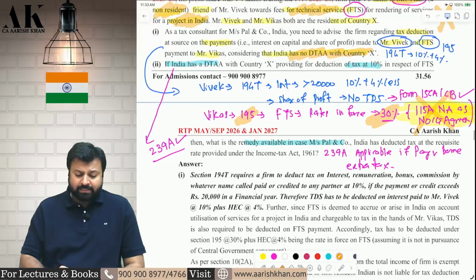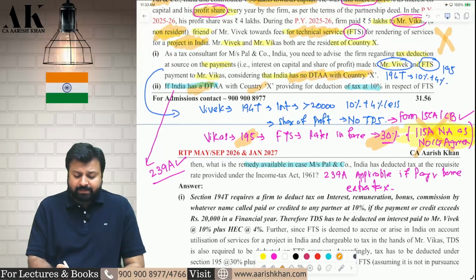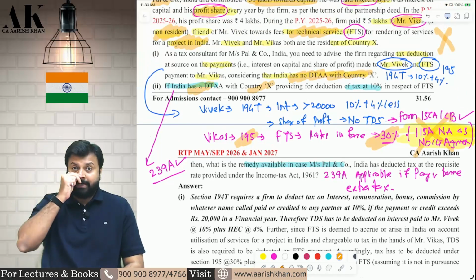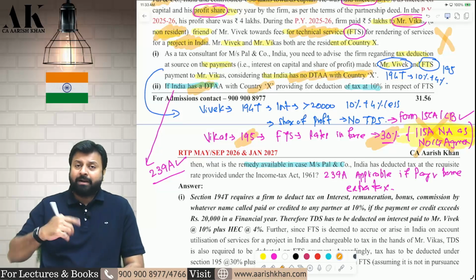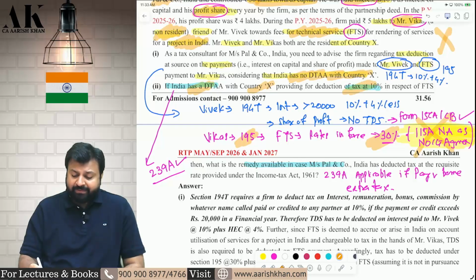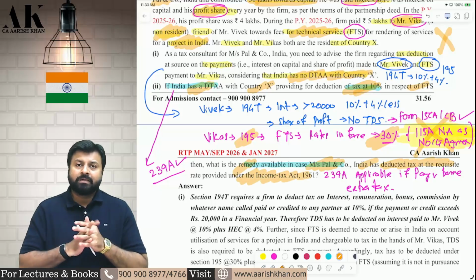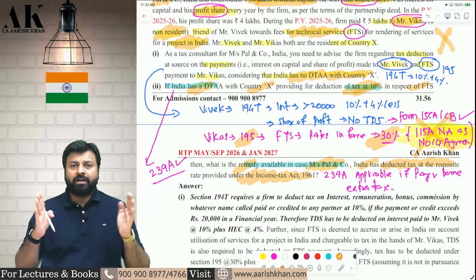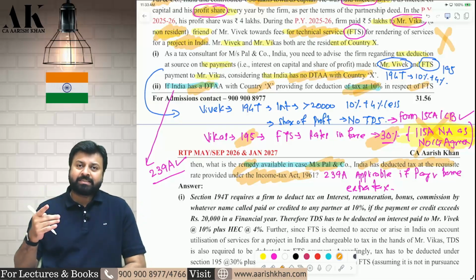Second part is a very intelligent part. In part 1 we have assumed that India does not have a DTAA with country X. But in part B we are assuming India has a DTAA with country X and FTS is taxable at 10%, for example. Then what is the remedy available to the payer, Paul and Company, if Paul and Company has deducted tax at the rate of 30% as per the Income Tax Act, even though the FTS is taxable at 10%?